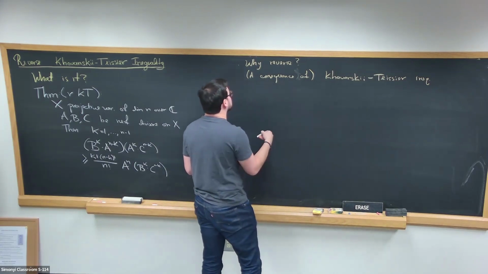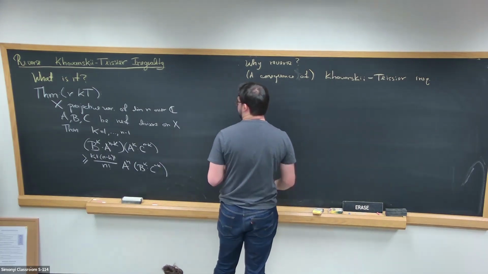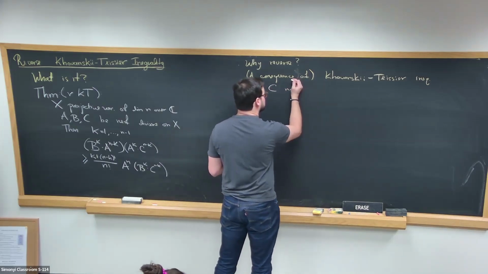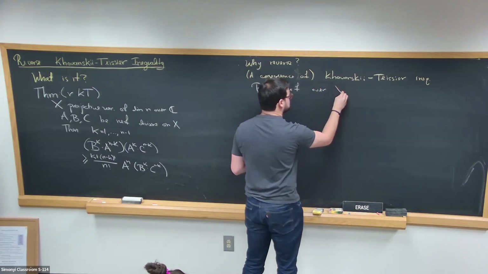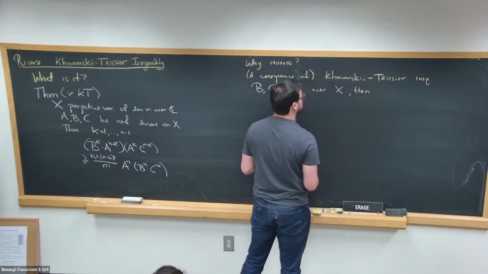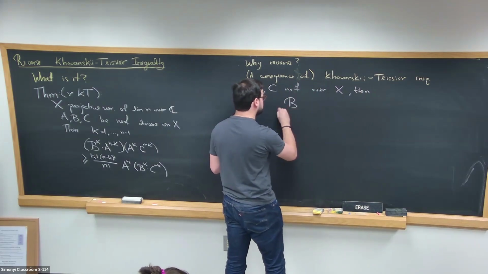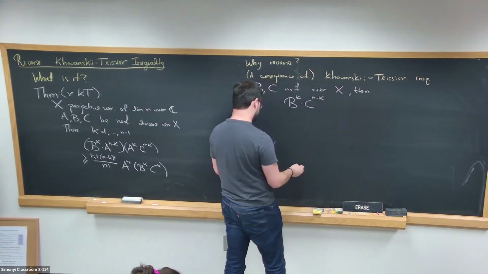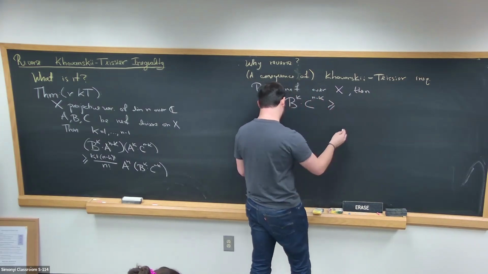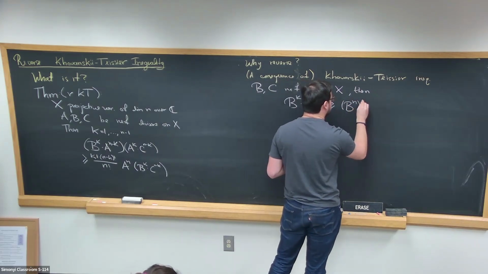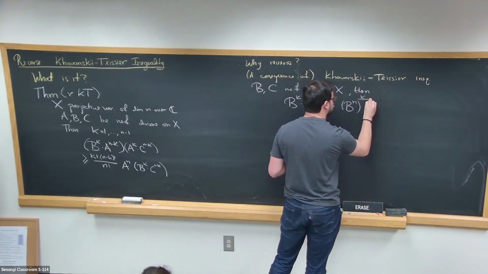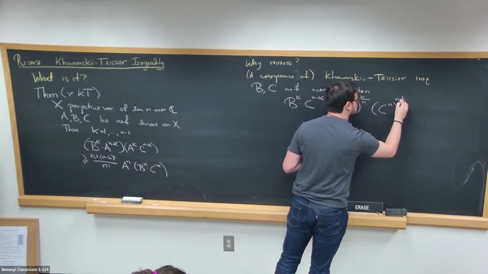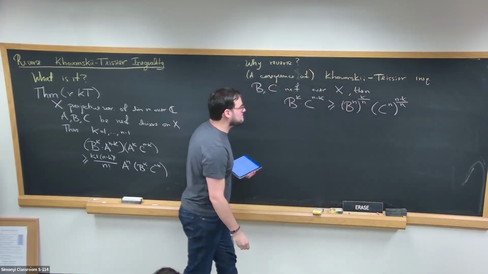Again, if I have X projective of dimension n over C, and I have B and C nef divisors over X, then one of the consequences is that B to the k times C to the n minus k is bounded below by the product of B to the n to the power k over n and C to the n to the power n minus k over n.